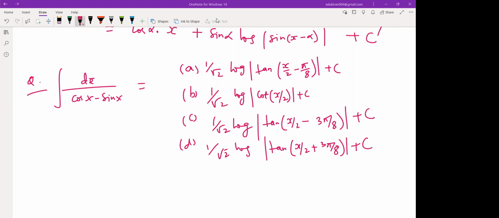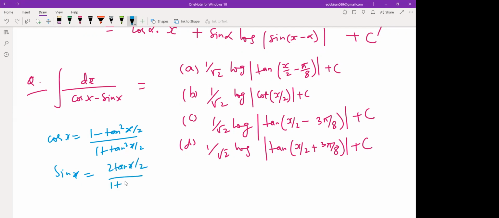So I hope you are trying. Let me write this formula here. That is cos x is equal to 1 minus tan square x by 2 by 1 plus tan square x by 2. And sin x is 2 tan x by 2 by 1 plus tan square x by 2.